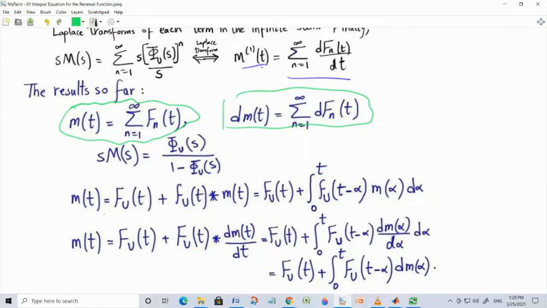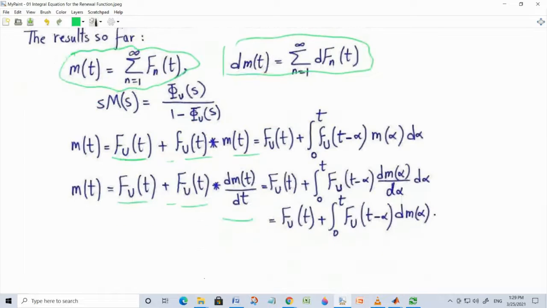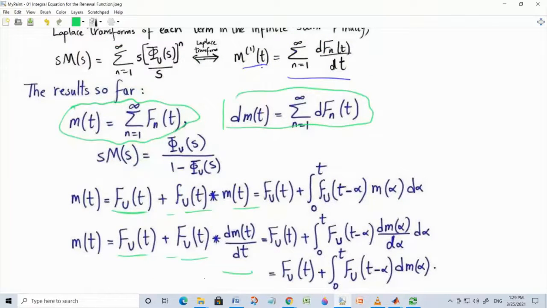Okay, M of t satisfies an integral equation. It is equal to the CDF plus the PDF convolved with M of t itself, or it is the CDF plus the CDF convolved with the first derivative of M of t. Okay, so we can basically write down things like this.